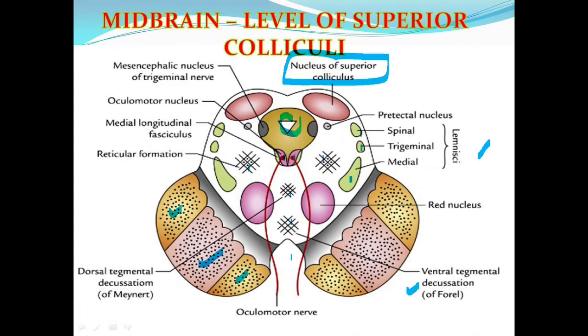Here I have a very important nucleus. When we studied the anterior aspect of the midbrain, medial to the crus cerebri, the third cranial nerve emerges. So now this is the nucleus for the oculomotor nerve, and the emergence takes place on the anterior aspect through the substance of the red nucleus.